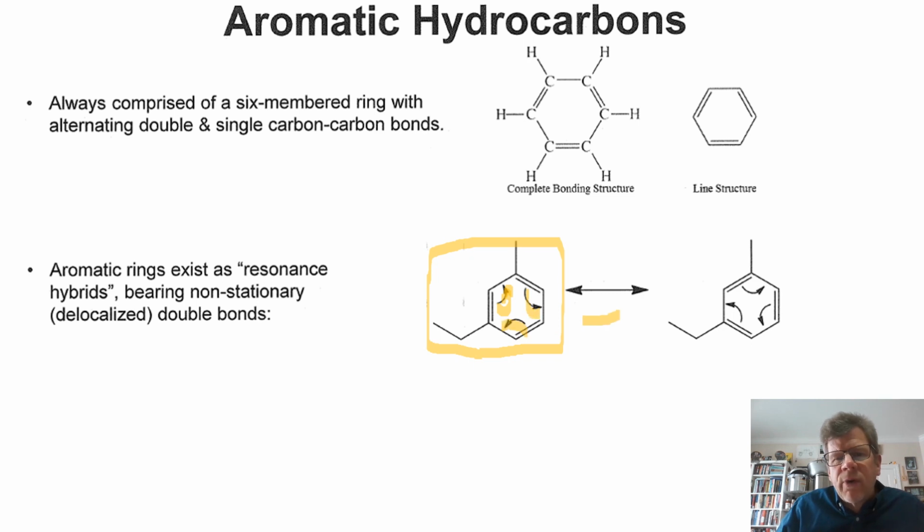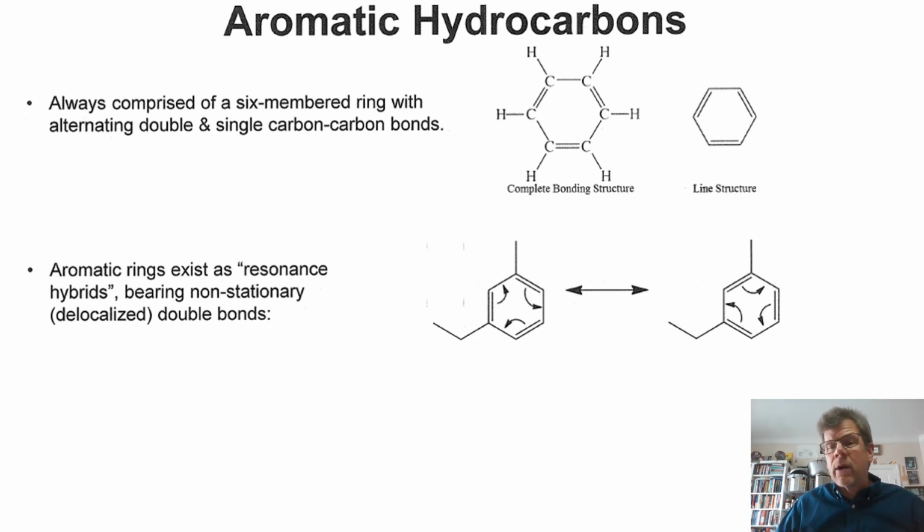And then look over at the structure on the right. Well, the double bonds seem to have swapped. And indeed they do. They swap places. But both of these are reasonable representations of what this structure looks like.